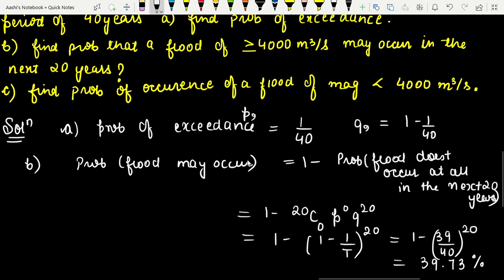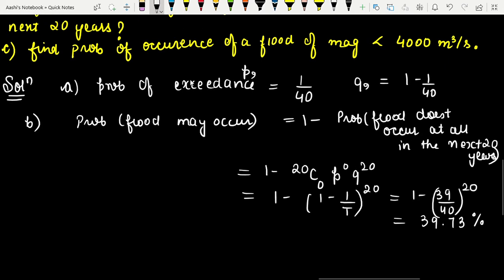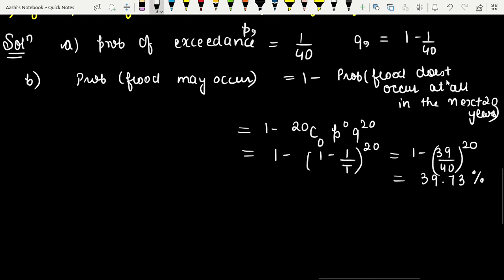Now next question of this is, find the probability of occurrence of this flood of magnitude less than 4000. So what we are finding is what is the probability that this flood does not occur. What was the probability of occurrence? 1 by 40. So what will be the probability of non-occurrence? Very simple.